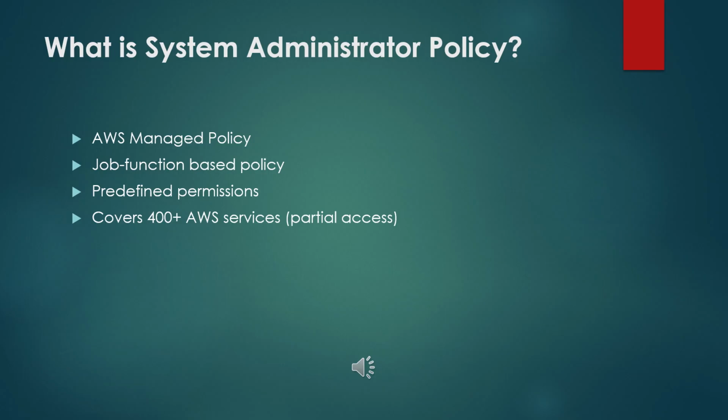However, AWS limits access to some sensitive areas like full IAM control. This is done for security reasons. Companies do not want every engineer to have full control over users and permissions. Think of this policy as a powerful but safe access level. It is perfect for daily operations but avoids high-risk actions.